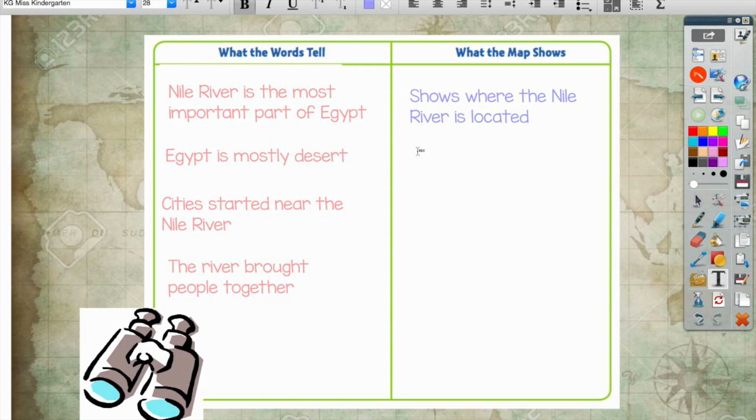In addition to this, it points out important cities that's on the map. These places included Rosetta, Cairo, Giza, and the Valley of Kings.